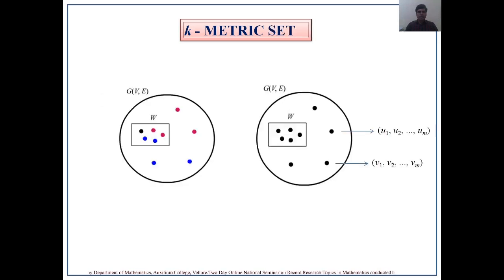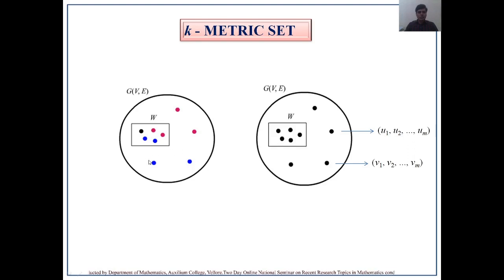To explain properly, let me take this diagram. Suppose our graph consists of some vertices. If you want to say that it is a two metric set, first we have to select some vertices and put them in the set W, and you choose any two vertices.